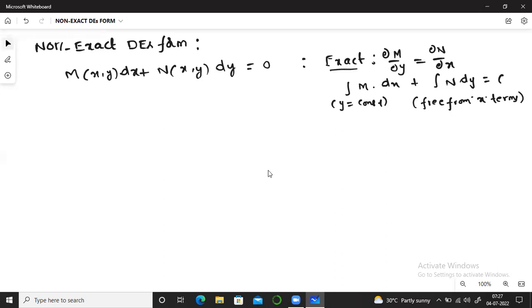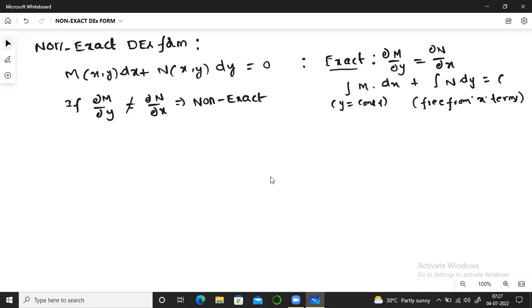If the equation is non-exact, then what cases are available? If dou M over dou y is not equal to dou N over dou x, then it is non-exact. The condition is that they should not be equal.